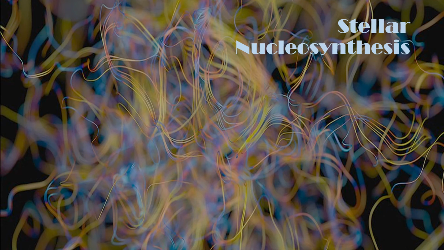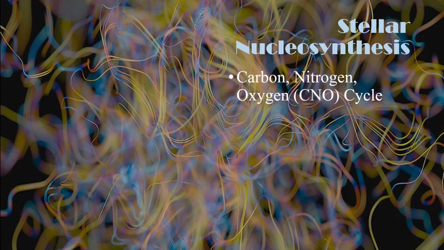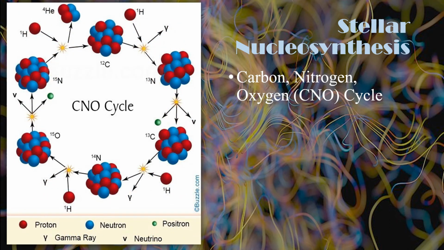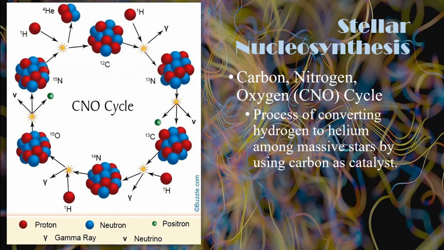Aside from the proton-proton chain or hydrogen burning, there is another process to produce helium, and that is what we call the carbon-nitrogen-oxygen cycle, or CNO cycle. The CNO cycle is the process of converting hydrogen to helium among massive stars by using carbon as a catalyst. So what does it mean? Always remember that the CNO cycle occurs in massive stars.